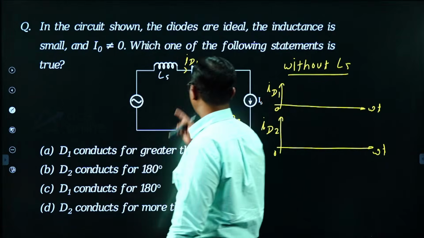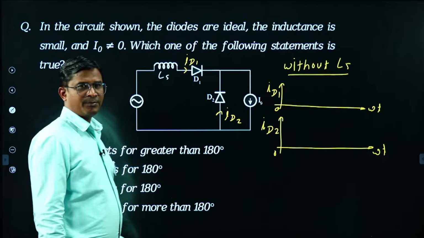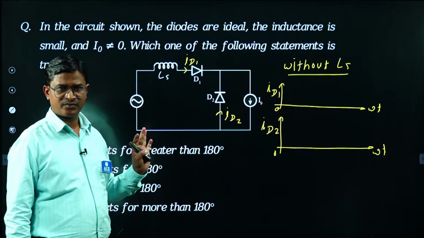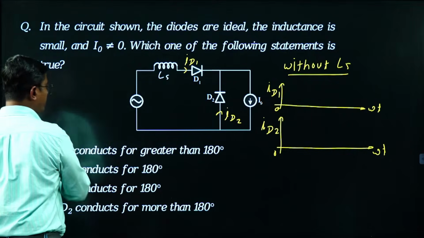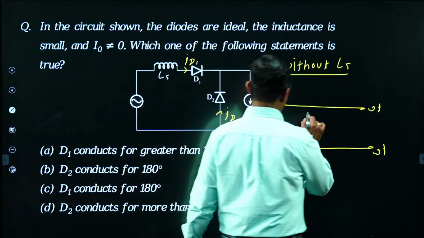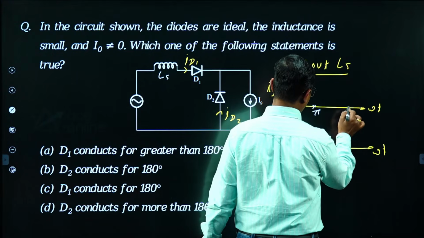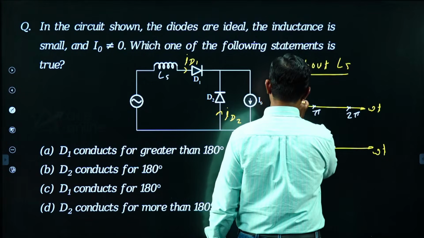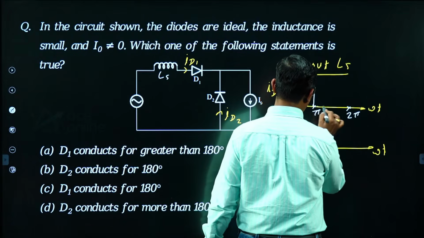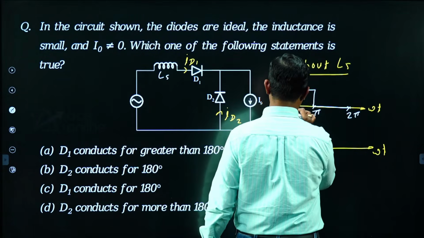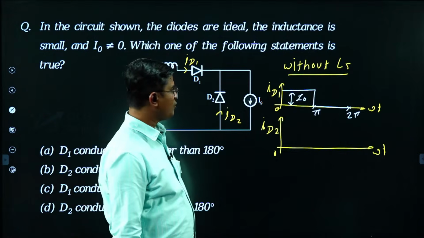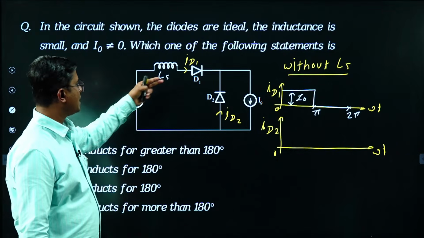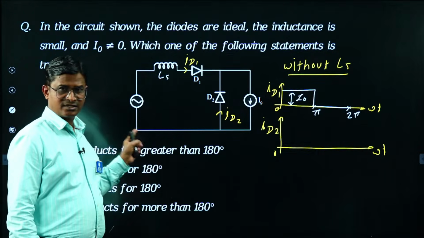From 0 to pi diode D1 conducts, and from pi to 2 pi diode D2 conducts. So from 0 to pi, ID1 equals I0. Without LS, my ID1 is this type of waveform, because from 0 to pi the supply voltage is positive, diode D1 conducts, and current flows like this.